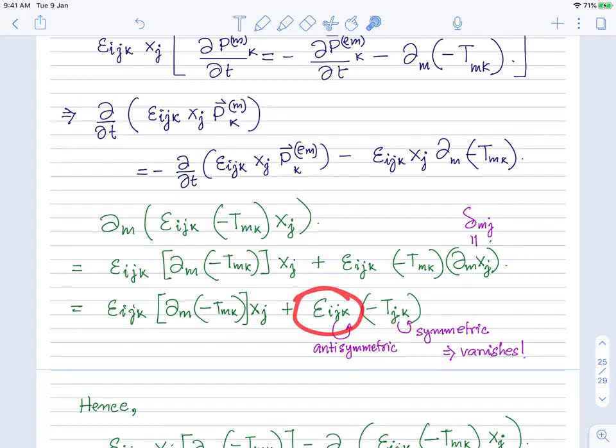But the epsilon is completely antisymmetric, so if you exchange these two indices you will get a minus sign, and if you exchange the two indices of the symmetric stress tensor you will not get any sign. Therefore, this quantity is minus of itself. We can exchange these two indices and relabel them, and you will find the same quantity, which is minus of itself. So this is basically 0. This vanishes.